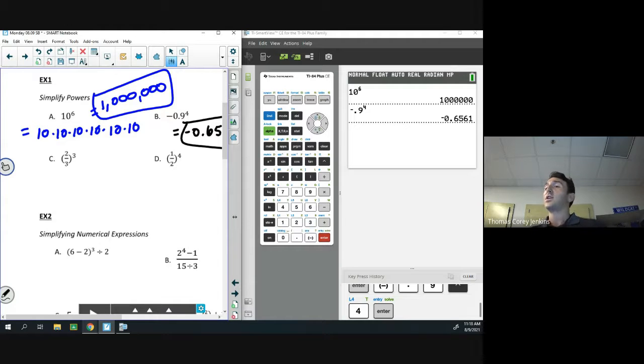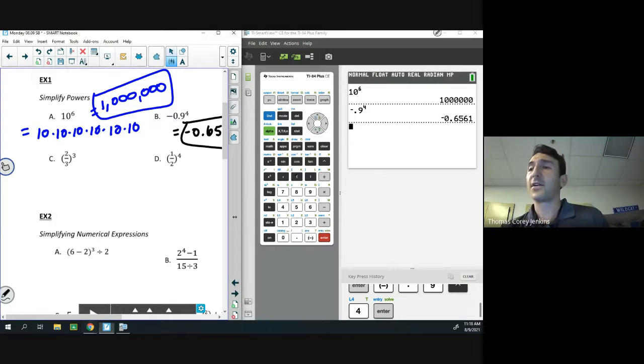So on your calculator, what's the fraction bar? Anybody know what it is on a TI-30? Right. I call it the ABC button. That's right. So it has A and then B over C. That's your fraction bar. So you would just type 2 ABC button 3 and then caret key 3. On mine, it looks a little bit different.